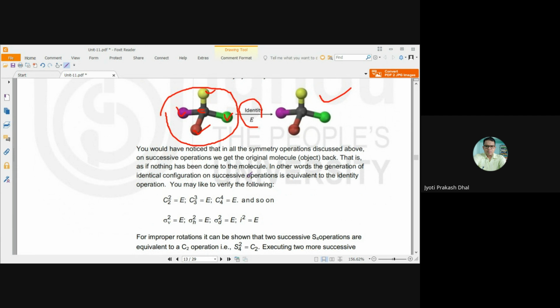Then you have noticed that for all the symmetry operations discussed above, successive operation will get the original molecule back. That is, as if nothing has been done to the molecule; in other words, generation of an identical configuration by successive operation is equivalent to the identity operation.